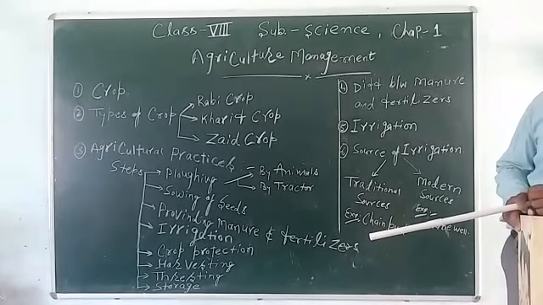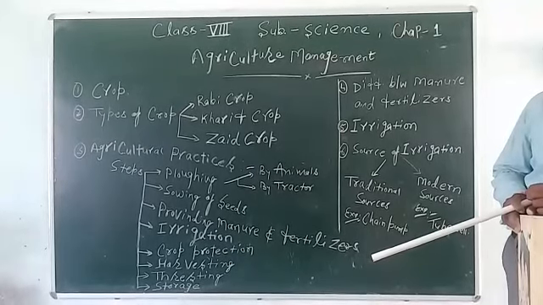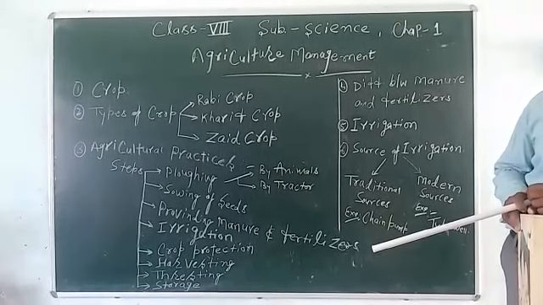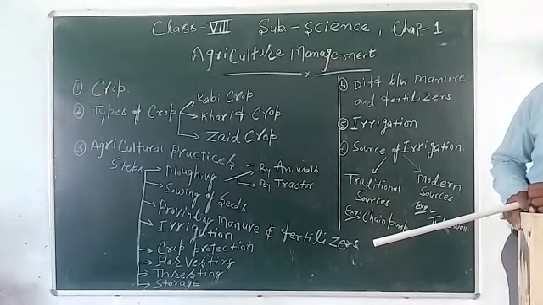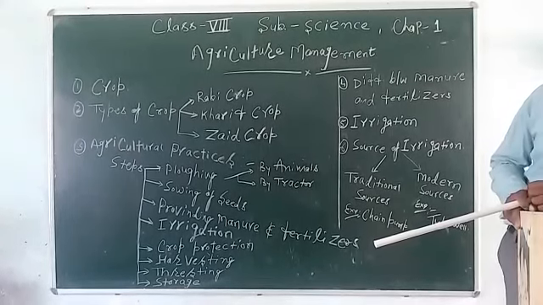Zaid crops are grown between March and June. Examples: watermelon, cucumber, and the vegetables which are grown from March to June.